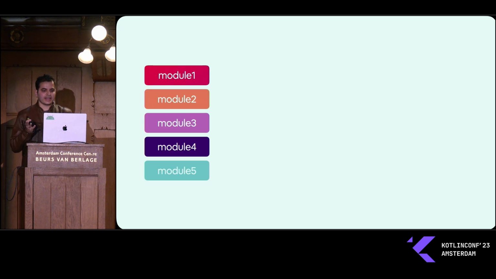Imagine your project is a collection of interconnected modules, like pieces of a puzzle. KSP operates on a per module basis and will process each module in isolation at a time. As it processes the module, it will analyze the files and symbols within that specific piece of the puzzle. This focused approach allows KSP to work efficiently, even in large projects.